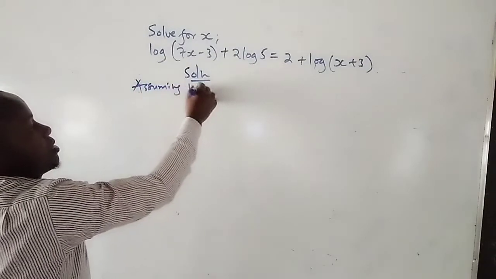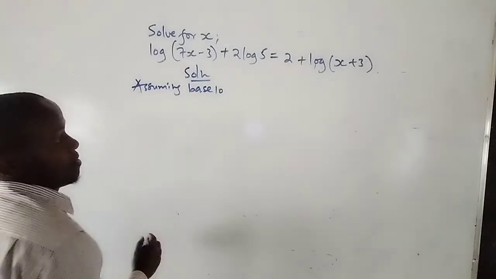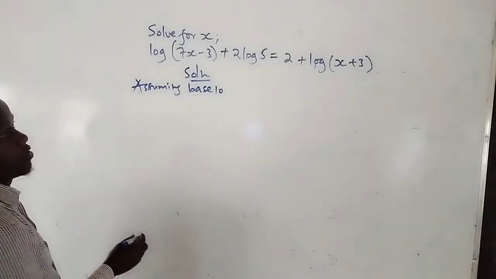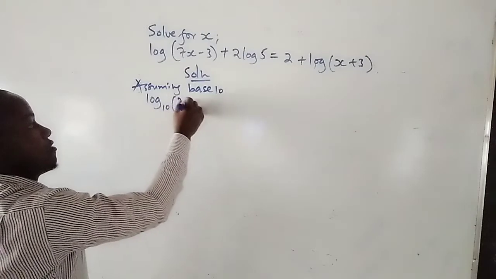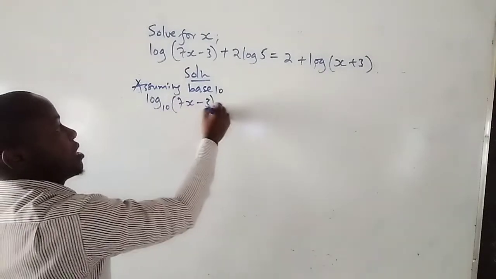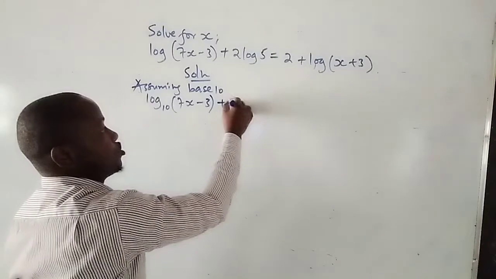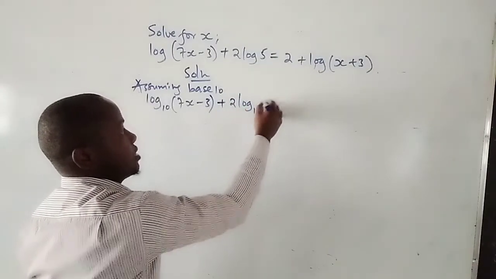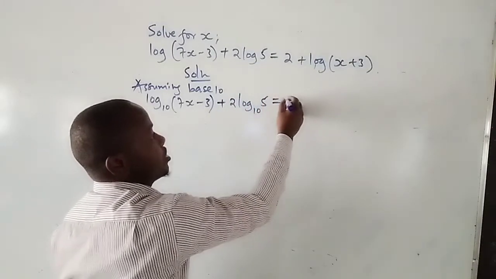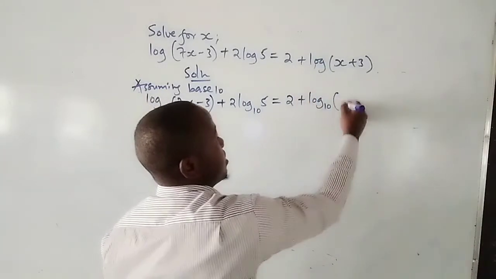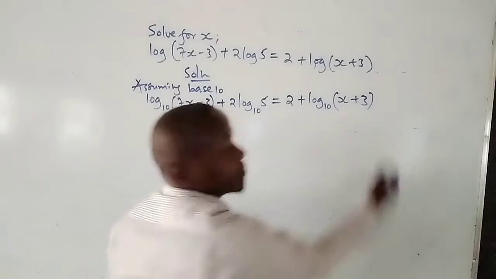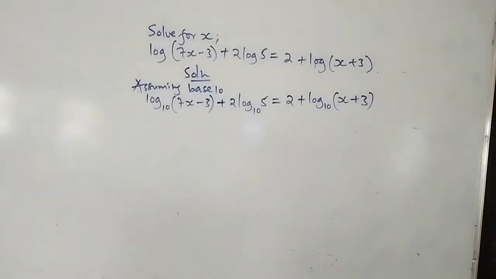So assuming base 10 for this equation, we will have the logarithm to base 10 of 7x minus 3 plus 2 times the logarithm to base 10 of 5 is equal to 2 plus the logarithm to base 10 of x plus 3, like that.